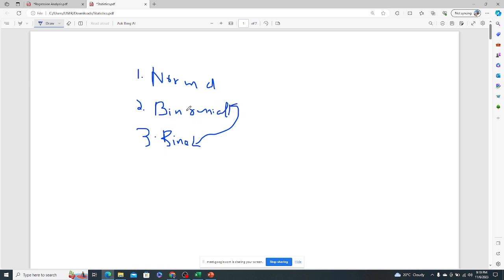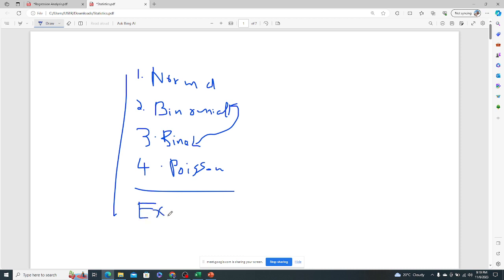Then we shall cover the Poisson distribution. So these are the major four distributions we'll discuss.